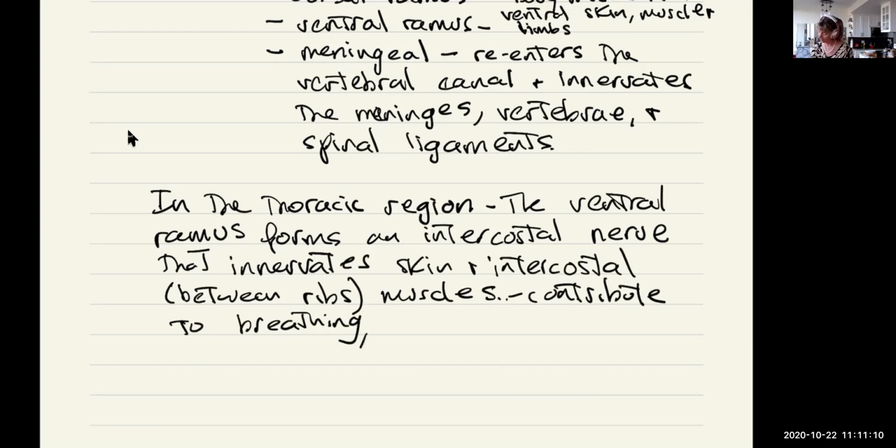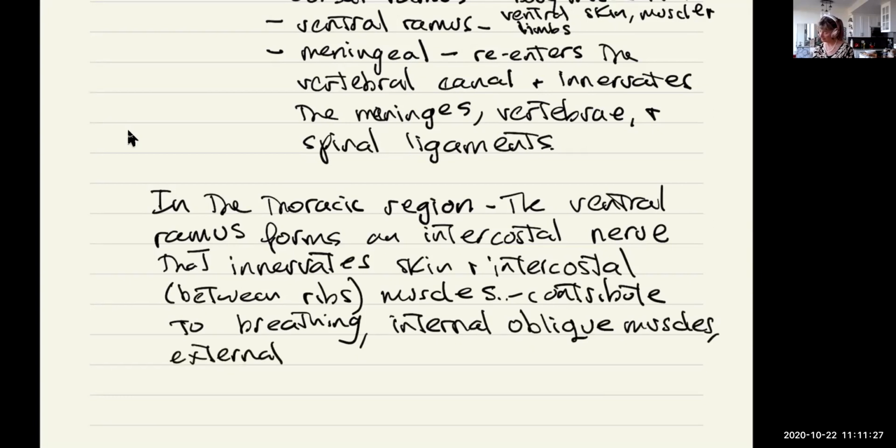They also innervate the internal oblique muscles, stomach muscles, external oblique, and the transverse abdominal muscles.